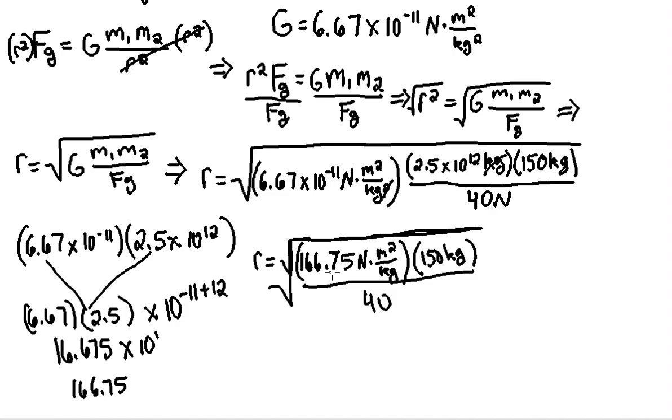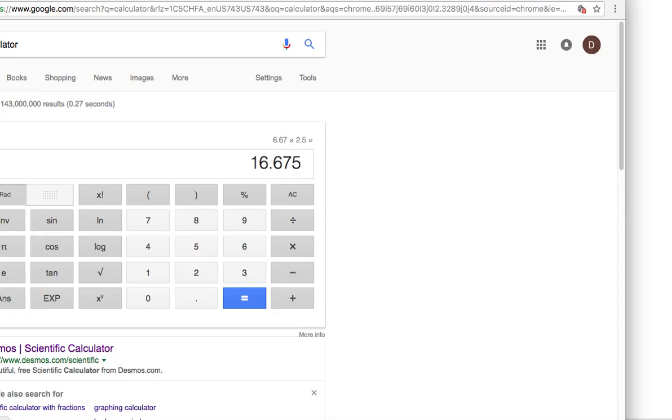All right, so 166.75 times 150. Don't forget your units. Not that you need it, but it helps me. So let's multiply this by 10 first. That's what we did when we said times 10 to the 1. And then we multiply this by 150. Okay, 25,012.5.